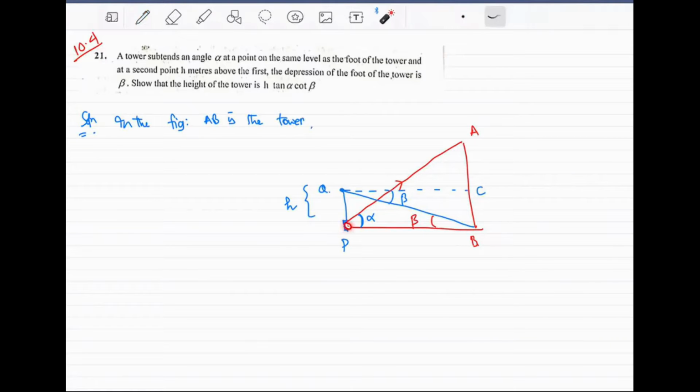And what is P? P is a point at the same level as the foot of the tower.